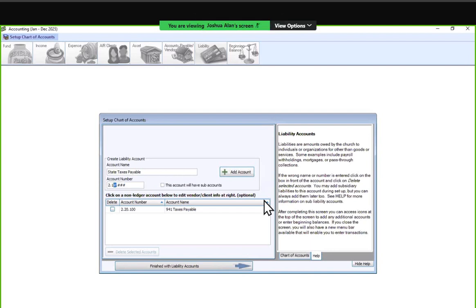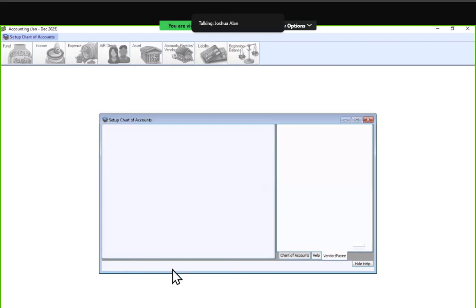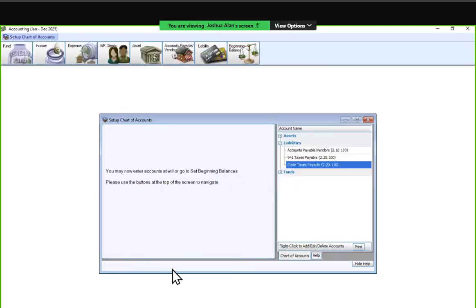What did I make that one? 2110. And add account. So when I'm done with my liabilities, I simply click Finish with Liability Accounts, okay, and I can enter accounts payable payee information over here. I'm finished. It now says I can now go to Add Accounts at Will, or go to Set Beginning Balances. Please use the buttons at the top to navigate.